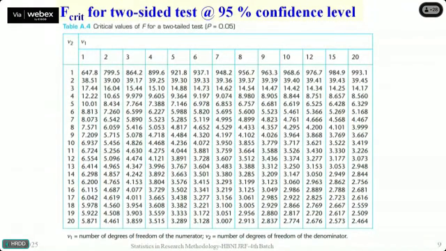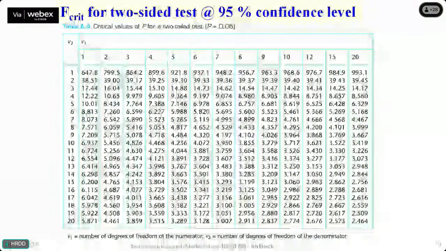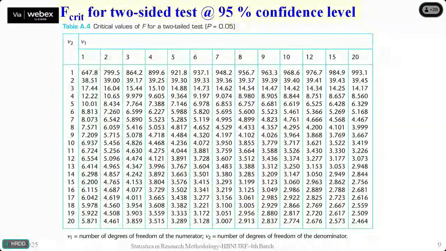It may not always be the same, but in the case of the F table, most people follow this convention: numerator from left to right, denominator from top to bottom. This is a general convention, whether it is single-sided or two-sided. Shall we go ahead to do one numerical?